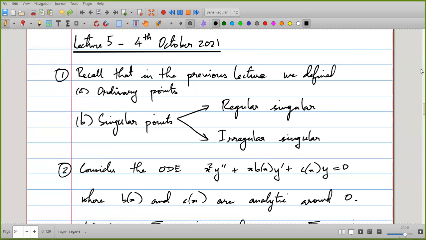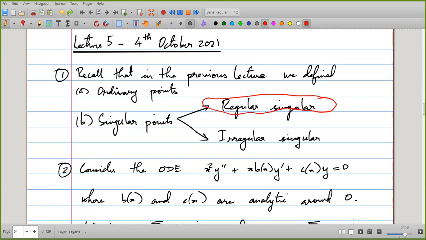In the previous lecture, we defined what are ordinary points and what are singular points. And further, singular points were classified into regular singular points and irregular singular points.